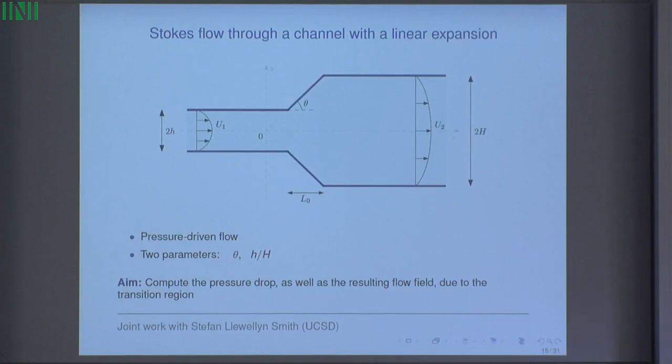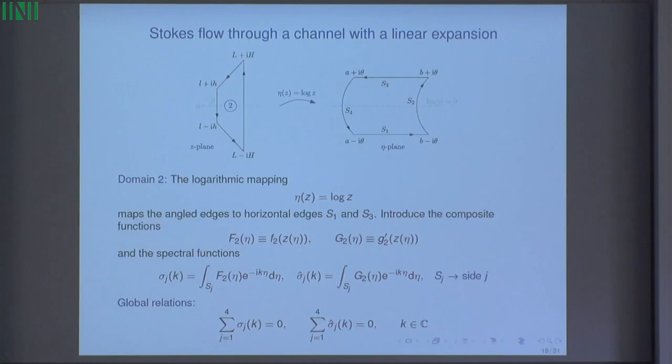It will be helpful for us to have these 2 boundaries being translated to being parallel. So this is what we are doing here, using this mapping to transform this domain to here, and then this boundary corresponds to the upper plate, and this one to this one here. So this is the z plane, the physical plane, and this is the eta plane. We introduce these composite functions, f2 of eta and g2 of eta.